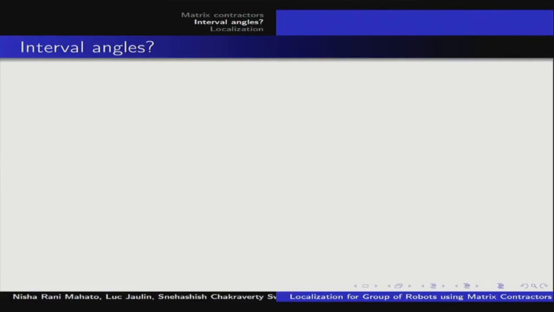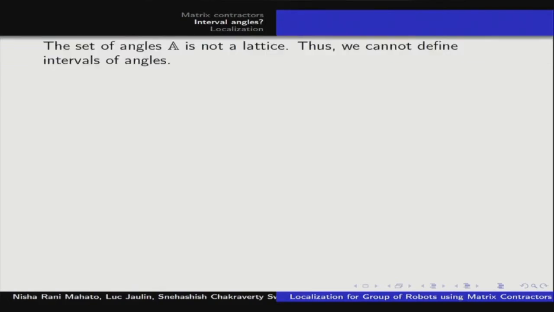it will be different. It will be related to interval angle. I put this as a question because we had the same problem with Nassim this morning, especially because angles, like quaternions, have a structure which is not Euclidean but more Riemannian. So the set of angles is not a lattice.